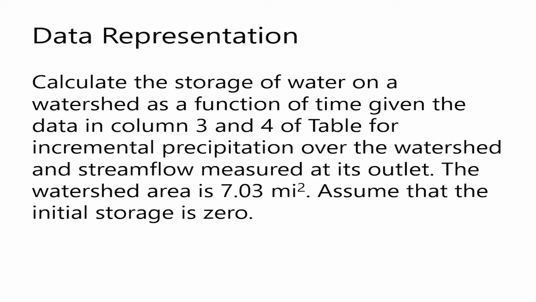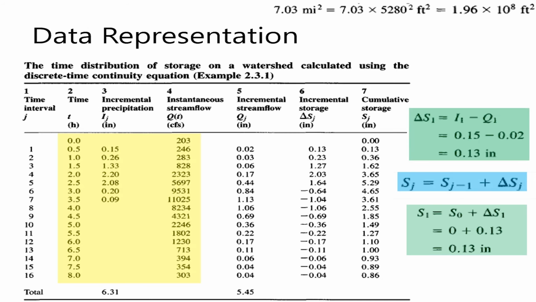The watershed area is given as 7.03 square miles, and the initial storage is 0. Look at this table, highlighted in yellow. This is the input data given, and finally we have to find the cumulative storage on the watershed.